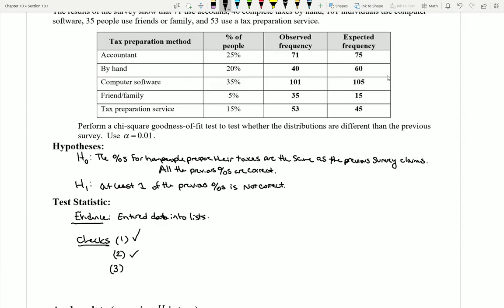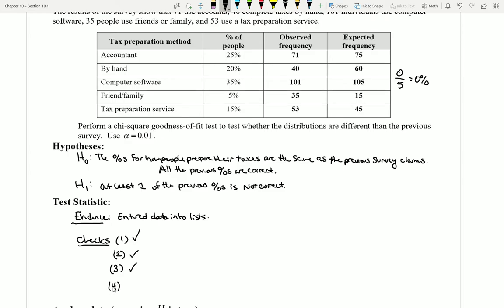Okay, well that's pretty easy to see. 0 of these are less than 5, so 0 out of 5 of them are less than 5. As a percentage, that's 0% of them are less than 5. And check 3 says, as long as that percentage isn't over 20, you're okay. So perfect, we're good to go.